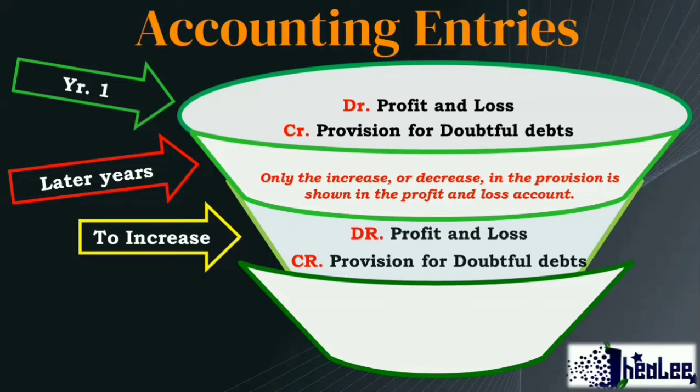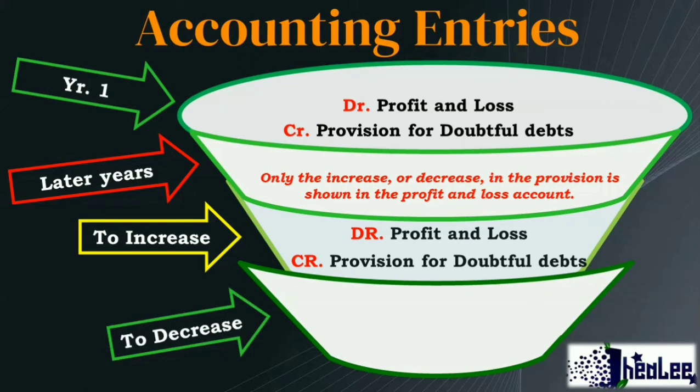So we have looked at the increase, and we say that once there's an increase, this is an expense in the business. Likewise, if you're creating it for the first year, that is an expense. For the other years, for whichever year, if there is a reduction, that is a revenue to the business.